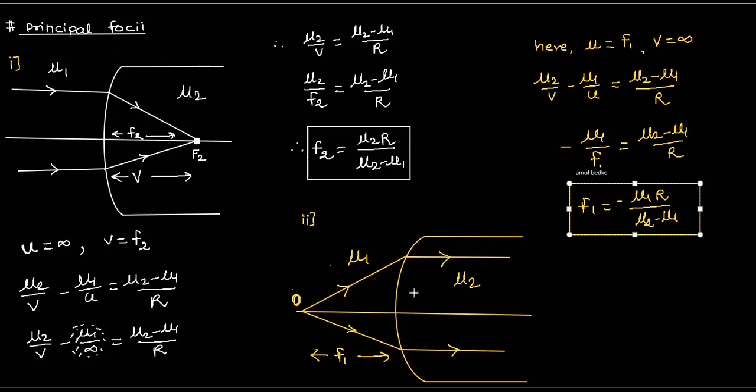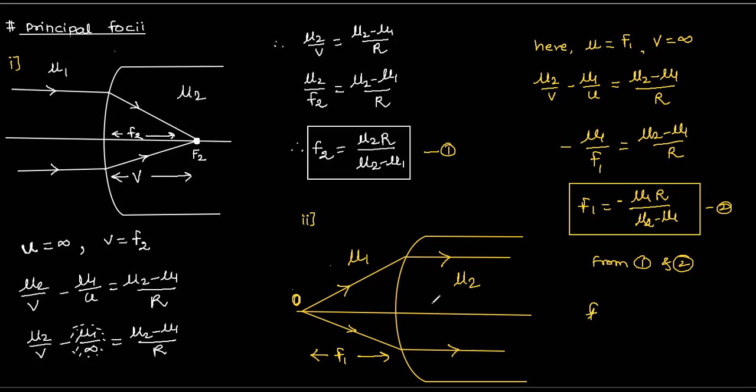Now suppose this is your equation number 1 and this is your equation number 2. Then from 1 and 2, what are you getting?